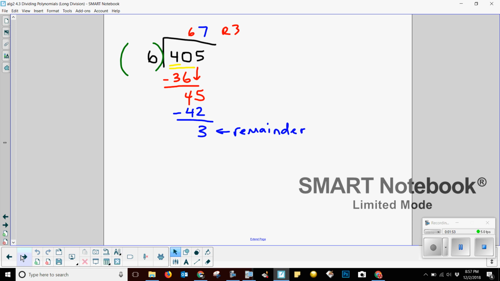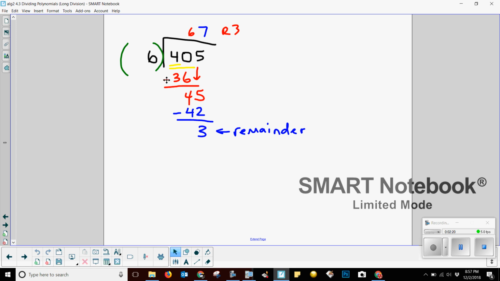So, long division, 4.3. Let's do a quick recap of long division. 405 divided by 6. 6 does not go into 4. 6 does go into 40. If you remember with long division, we look at the whole number, or we add basically one digit. 6 goes into 40 6 times. 6 times 6 gives us 36.